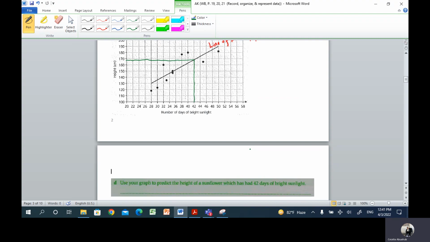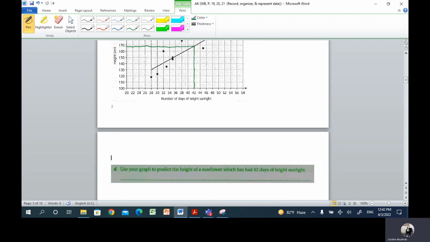So if a plant is exposed for 42 days to sunlight, the expected height of this plant is 168 centimeters.